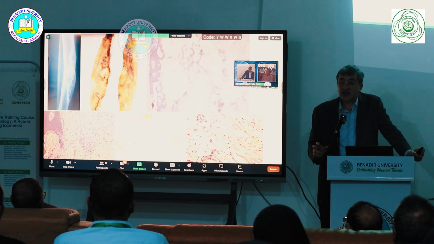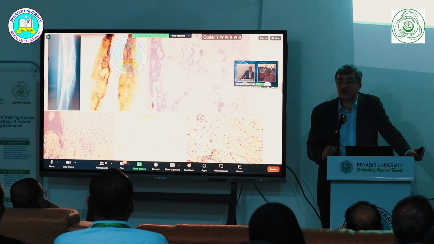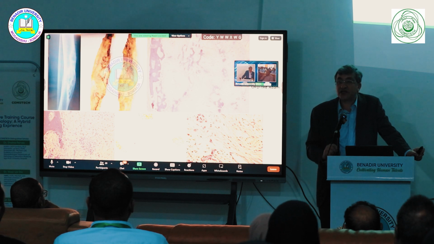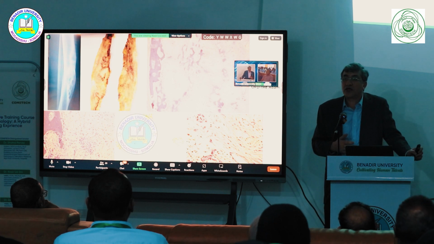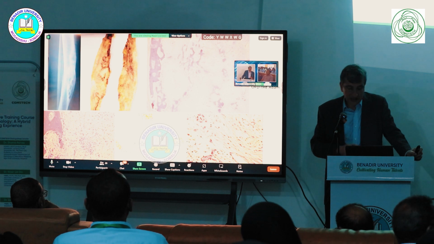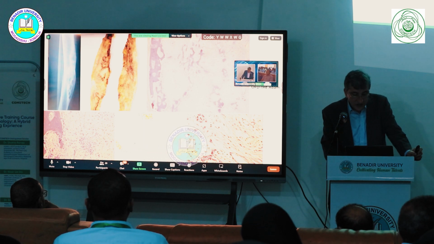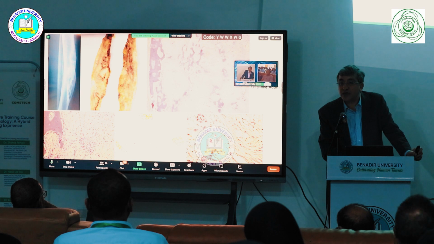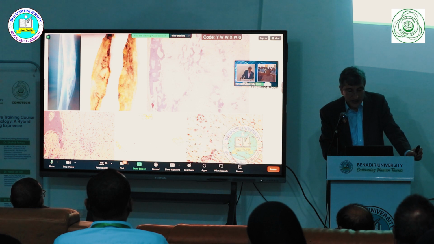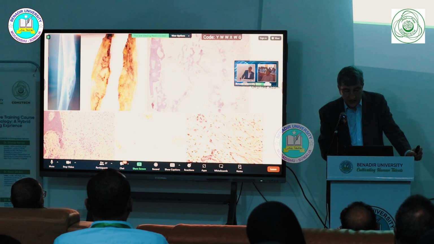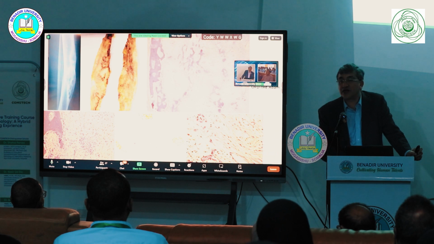But there is a variant of adamantinoma called osteofibrous dysplasia-like adamantinoma, which is radiographically and histologically very similar to osteofibrous dysplasia. In that case, you have to carefully inspect the fibrous component, where you see subtle epithelial clusters, and these are highlighted on cytokeratin.